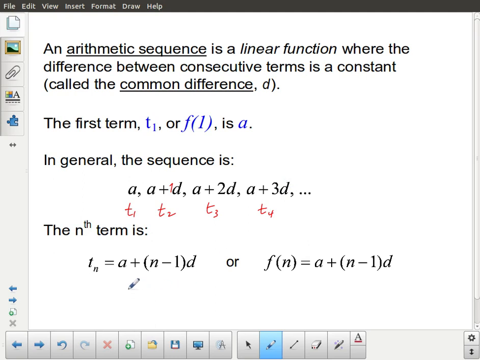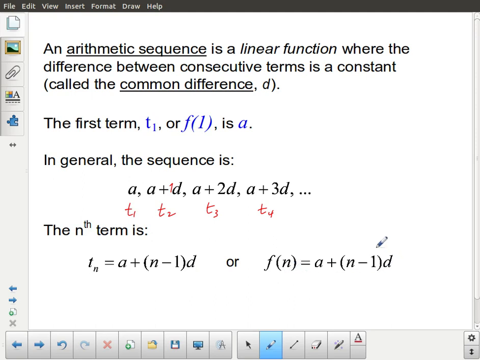And so that's where we get this general formula. Any term, so the nth term, starts off with the starting value a, and then we're always going to need n minus 1 additional steps of size d, or the common difference.